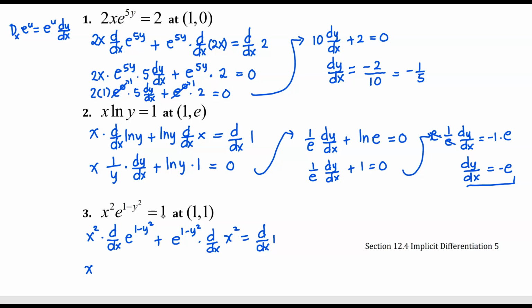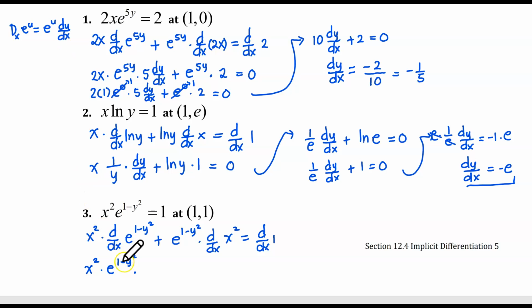Then perform the differentiation. So you have x squared and then the derivative of e to the 1 minus y squared. That is using the derivative of e to the u. The derivative of e to the u with respect to x is e to the u du/dx. So this is just equal to e to the 1 minus y squared times du/dx.